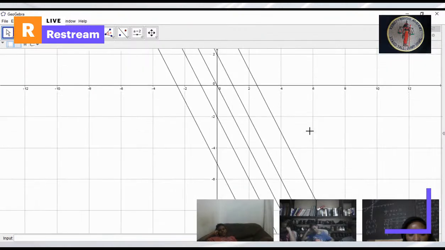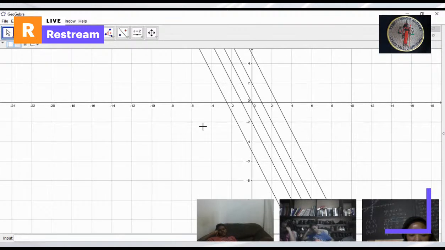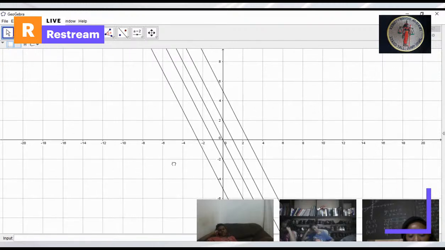So this is good to know: when we have a simple original linear equation and we're adding or subtracting a constant term, you're just shifting the line up or down the y-axis.